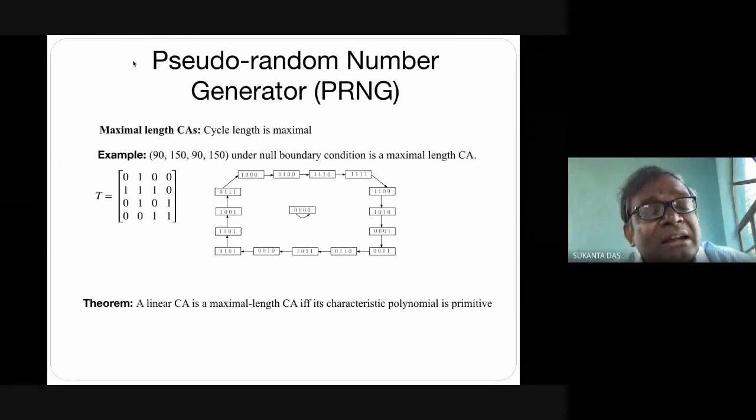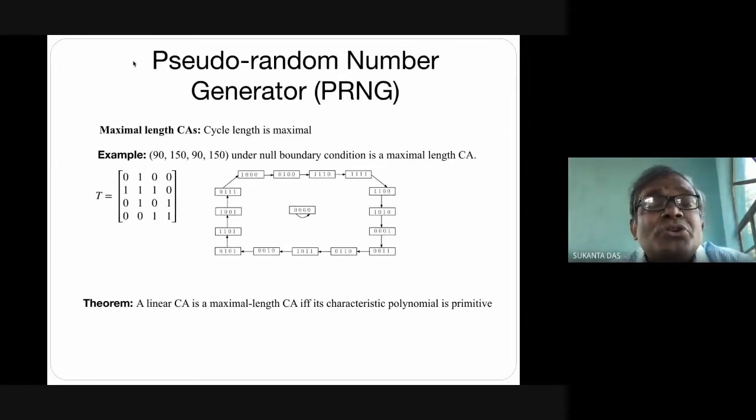Okay, and there are other theorems. If you want to consider the complemented CA, then if the linear part is maximal length CA, then any of its complement CA are always maximal length CA, right?